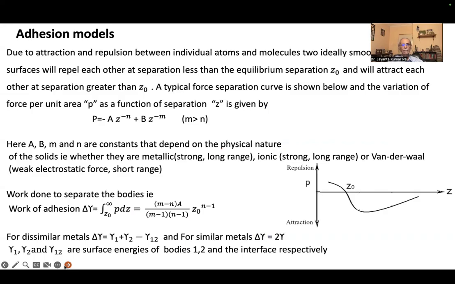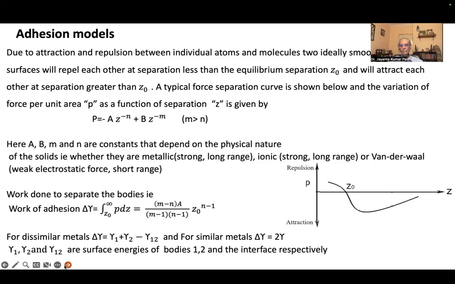Now, due to the attraction and repulsion between the individual atoms and molecules, two ideally smooth and clean surfaces will repel each other before the equilibrium separation, here shown at Z0, and will attract when it is above this separation.